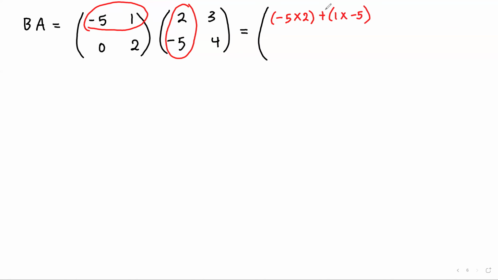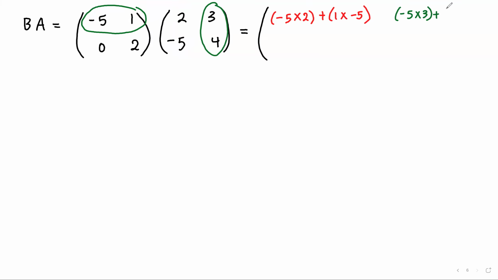Right? And now I'm going to look at still row 1, but column 2 now, using a different color. It'll be -5 times 3 plus 1 times 4.